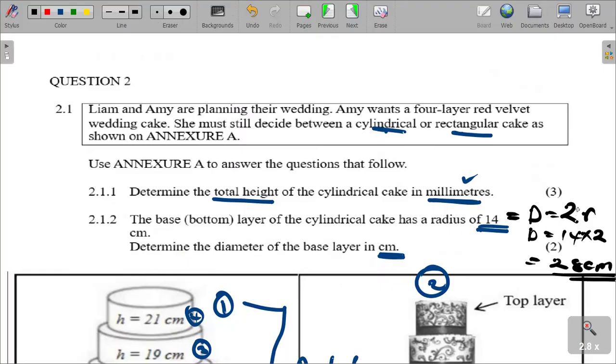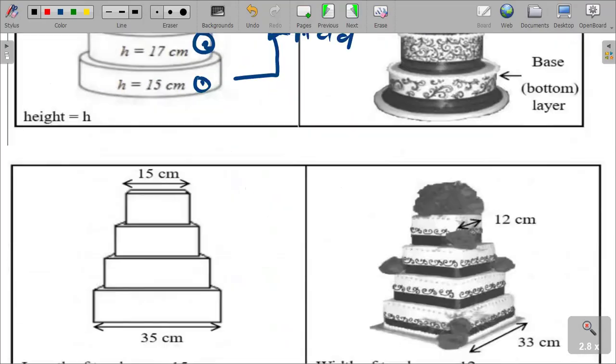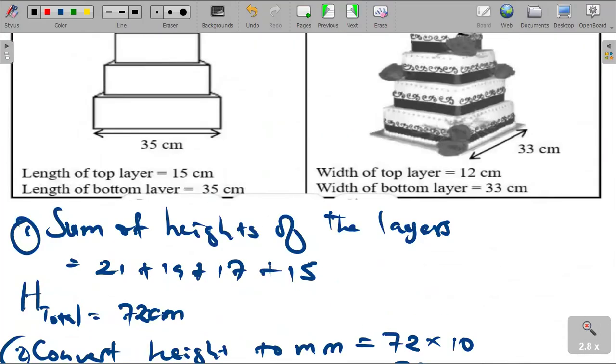Our r is 14, we multiply 14 times 2, and then we get our d. We got that one, and now we want to go to the next question.